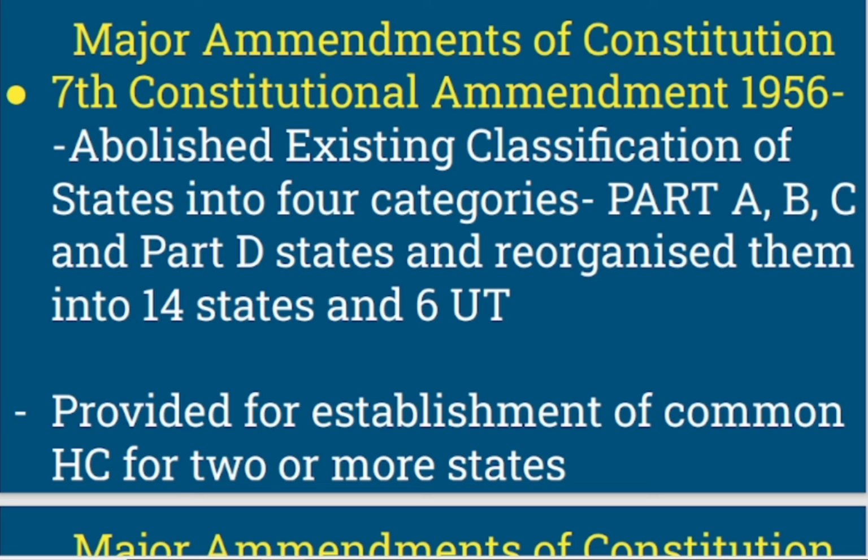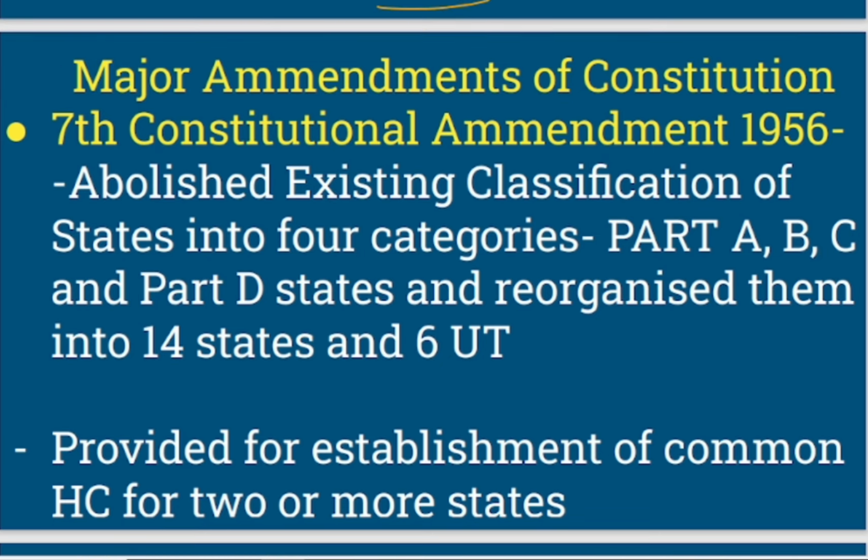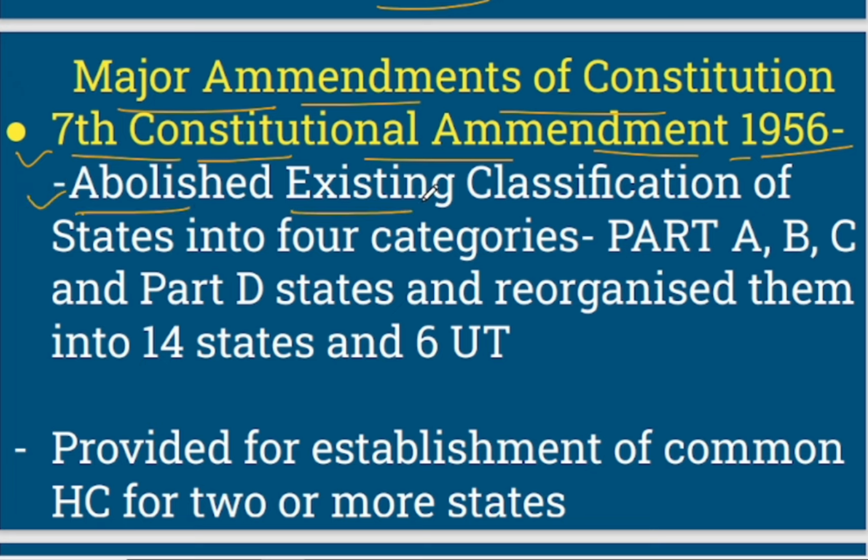Major amendments of the Indian Constitution. So what were the major amendments? First comes the 7th Constitutional Amendment Act of 1956. In this amendment there was abolition of the existing classification of states.